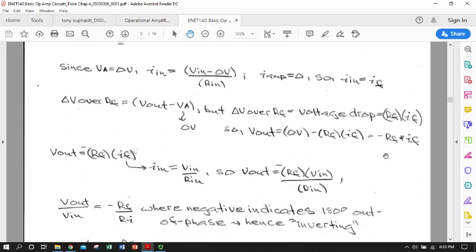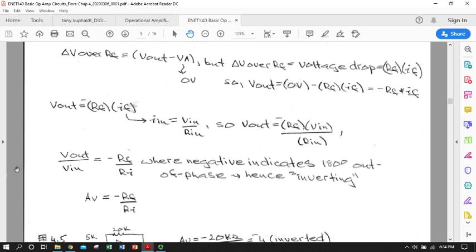So now we just do some algebraic substitution. I F was equal to I N, and I N is equal to V N over R N. Hey, we're getting pretty close to being able to define a gain here. We've rewritten V out as negative R F times I F. We substitute in I N equals V N over R N for I F, and we get V out equals negative R feedback over R N times V N. If we want to define gain as a voltage ratio, all we do is divide both sides by V N, and we get V out over V N is negative the value of the feedback resistor over the value of the inverting input resistor.